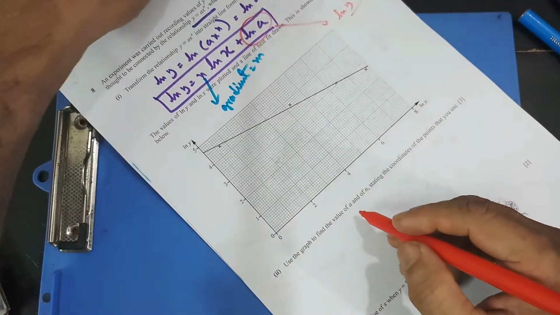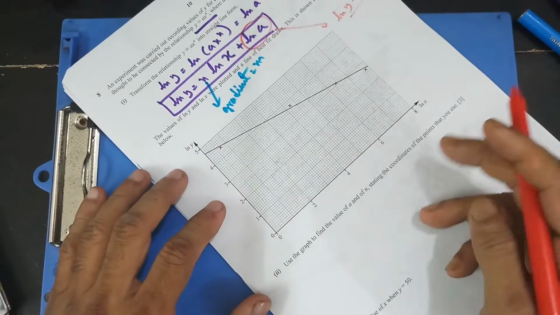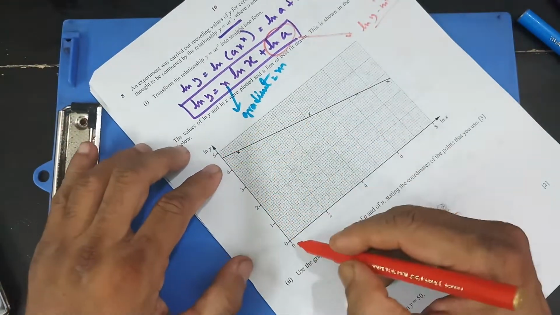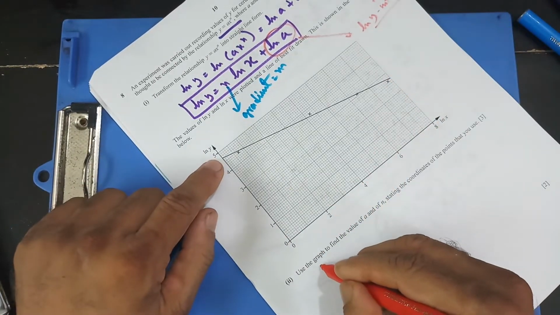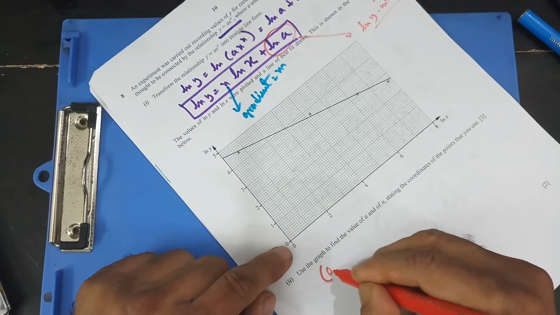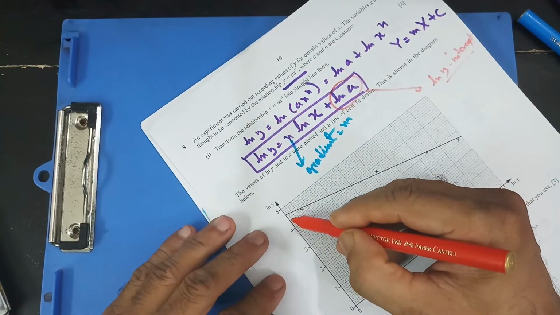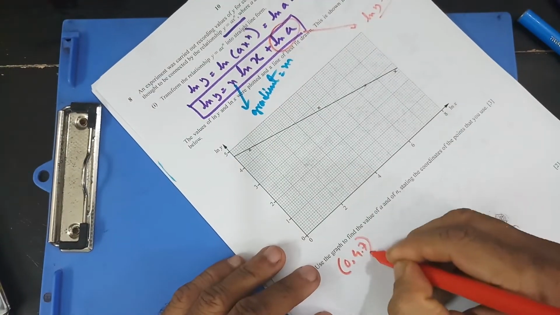We know that gradient is the difference of the y axis over the x axis. So when I look at this best fit graph, it's always better to take the first value and the last value. The first value, because its x value is 0, and this one is 4.7. That's what I got.